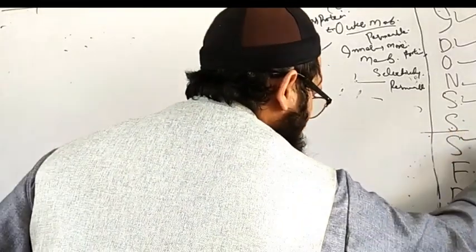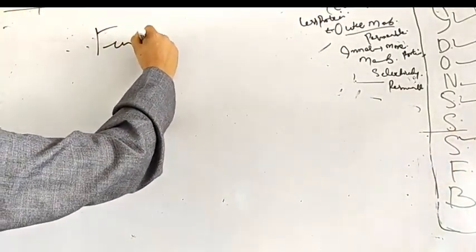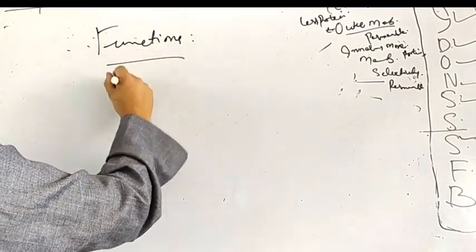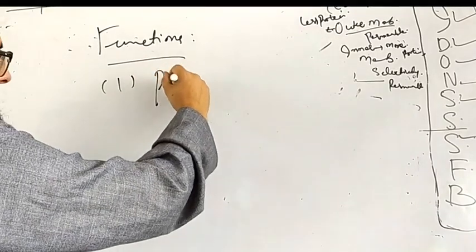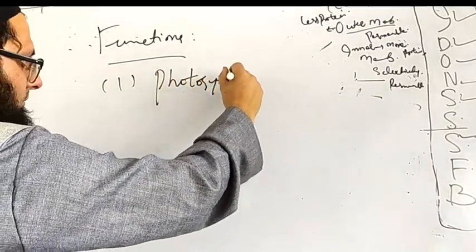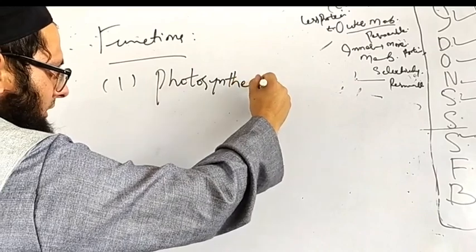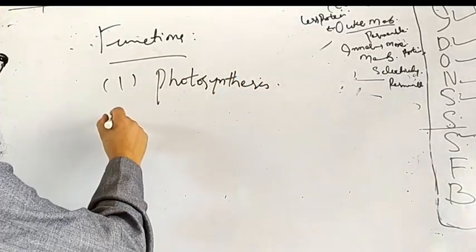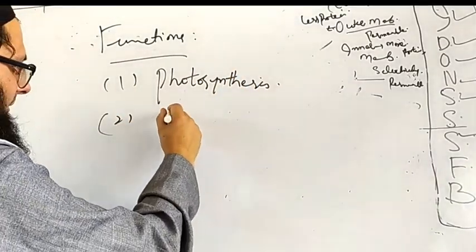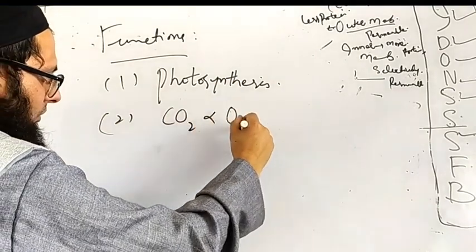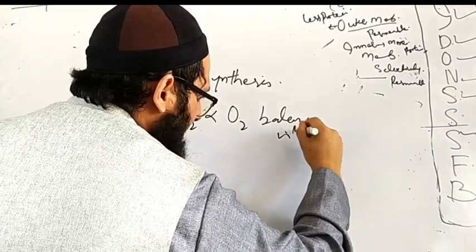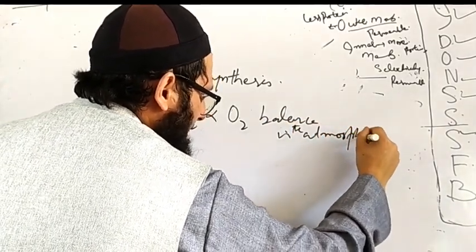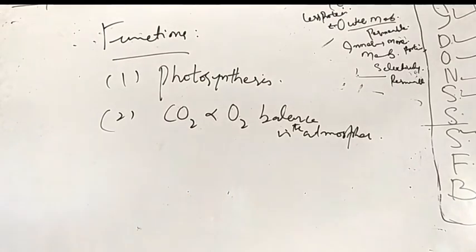So we have discussed the structure, now the functions. The first function, everyone knows, is photosynthesis. Second, it maintains a balance between carbon dioxide and oxygen in the atmosphere. Carbon dioxide is absorbed by plants and oxygen is released.